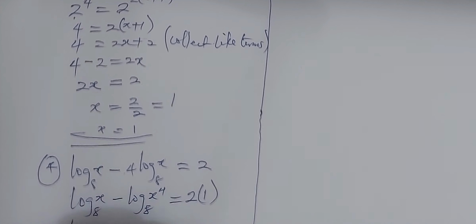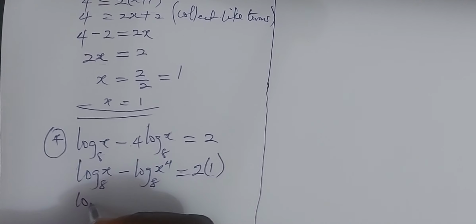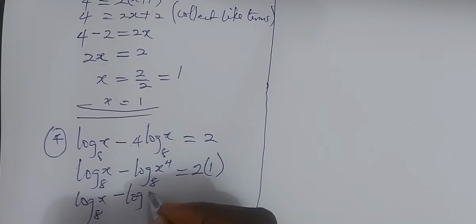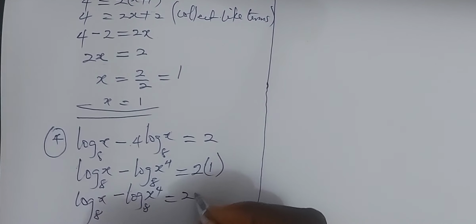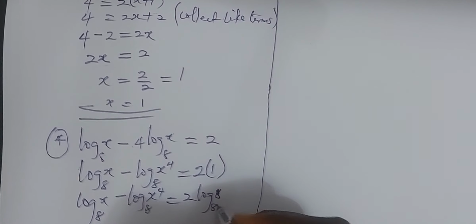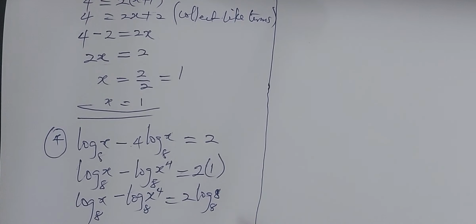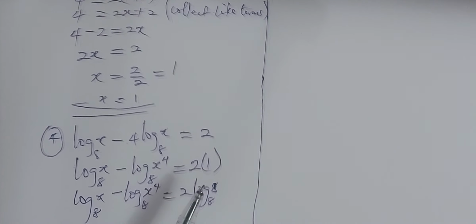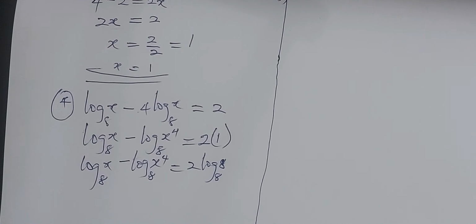So log x to base 8 minus log x raised to the power of 4 to base 8 is equal to 2 log 8 to base 8. Log of the same base is 1. Log of the same base 8 is 1. So we just got it back.